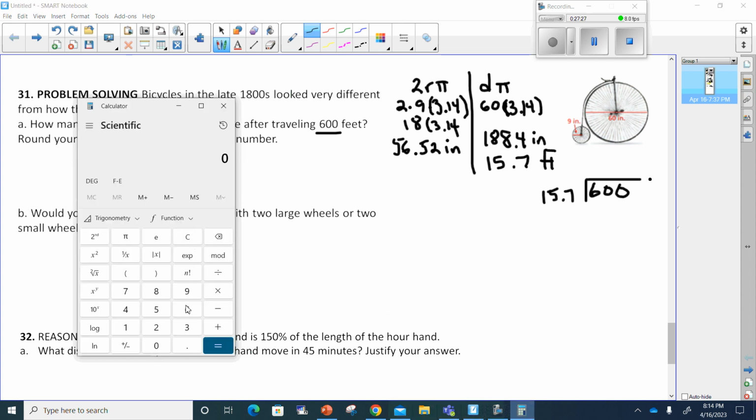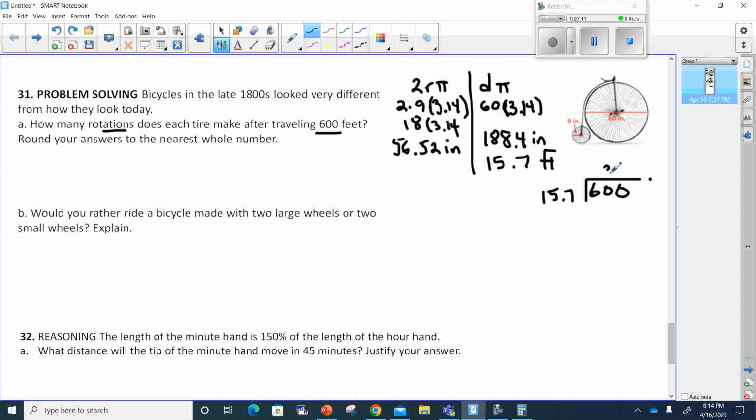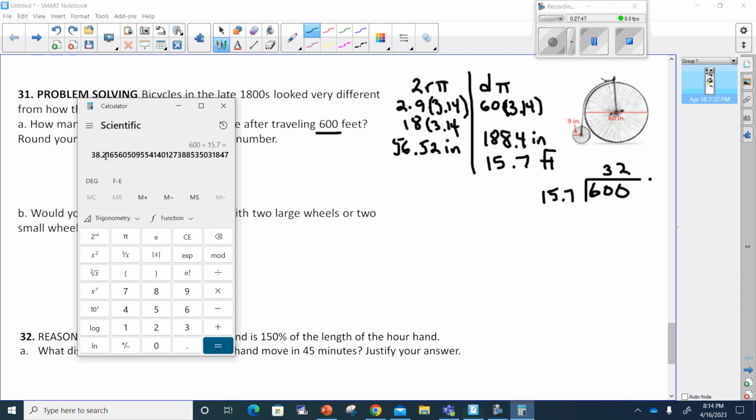We've got 600 divided by 15.7. That's going to give us about 32 feet, right? So let's round to the nearest whole number. Let's make sure that is going to round to 32. Yes, because that's smaller than 5. 32 for the big one.